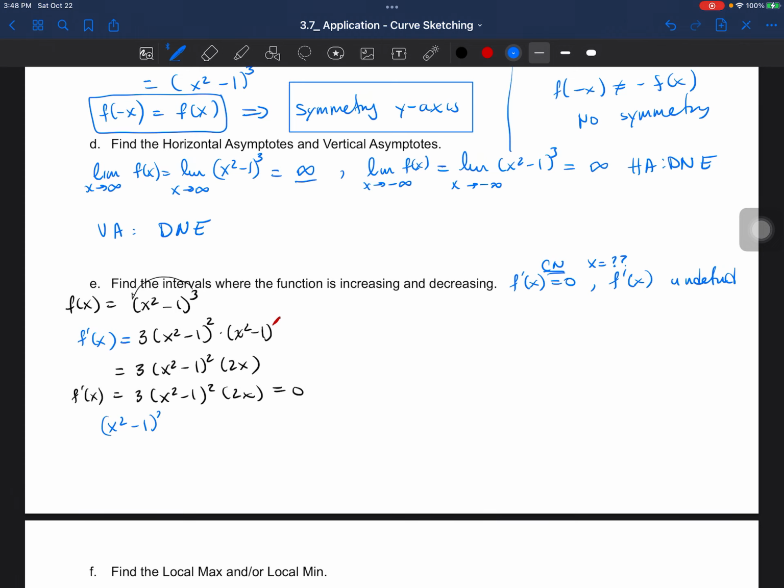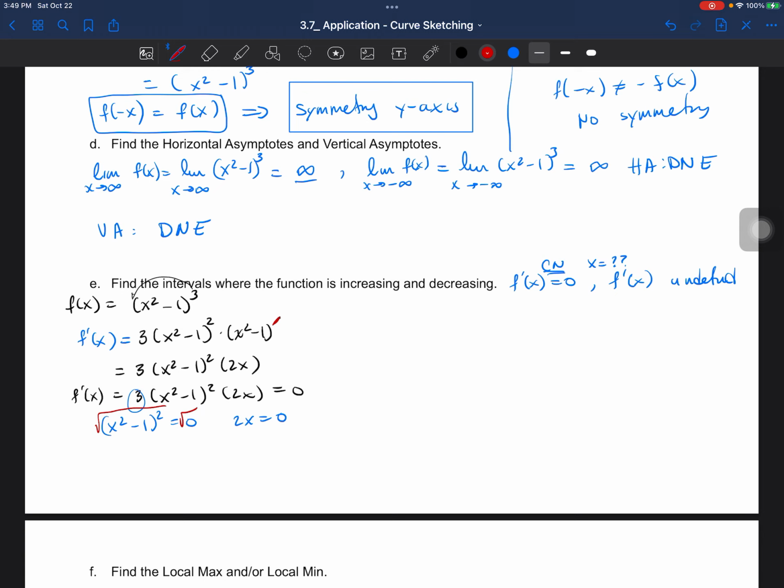And this implies that this is going to be 0 whenever x squared minus 1 is 0, or whenever 2x equals 0. The 3 cannot equal 0, so we're not using this one, right?